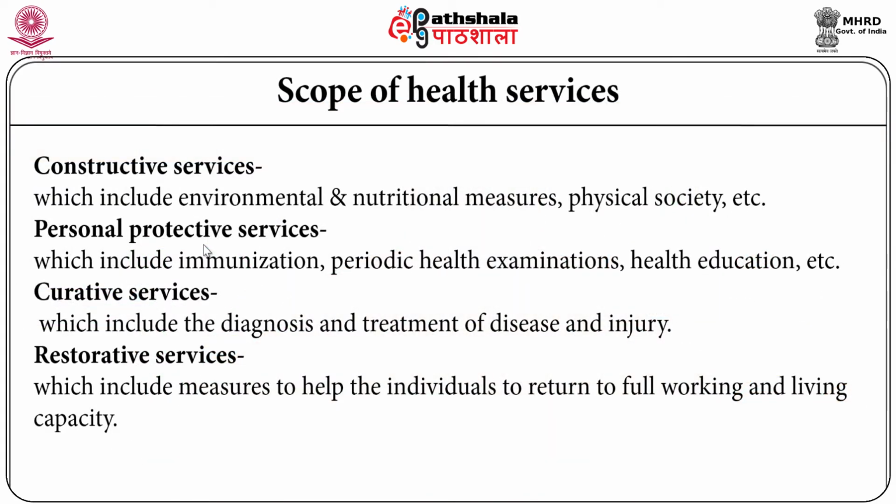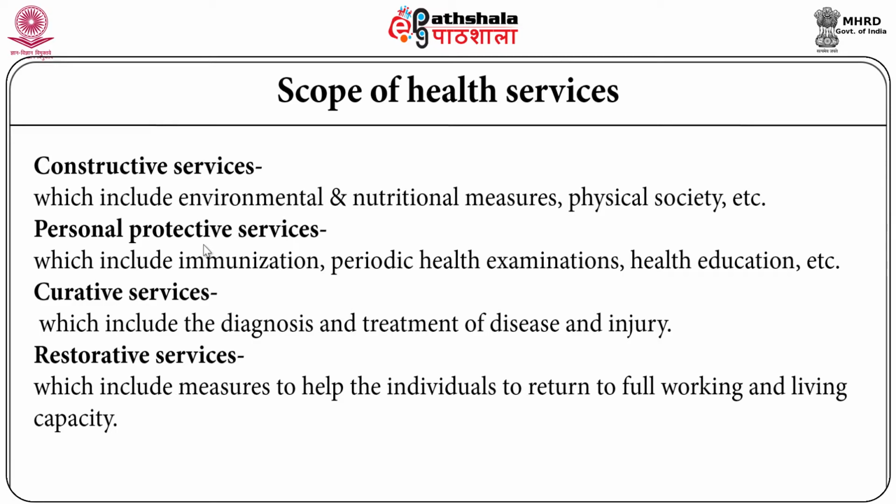Scope will include constructive services, which include environmental and nutritional measures and physical society. All these actually matter because of environment, nutrition, physical society; like I said, even the house where the person stays matters. These afford the construction of the health services in the community.